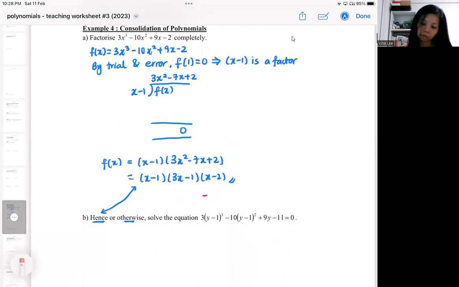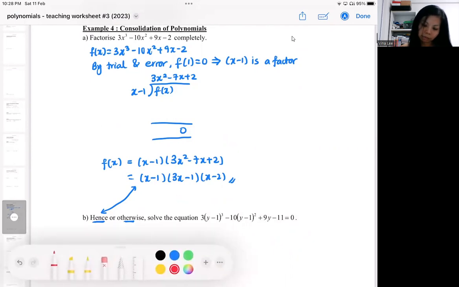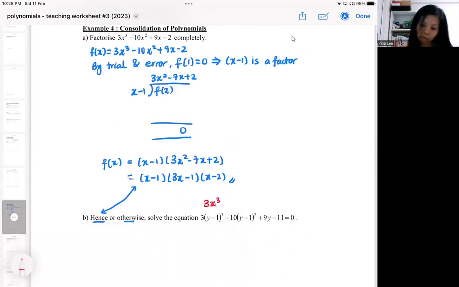If you put your original f(x) here, you realize that this looks somewhat similar. The 3x cubed and the 3 bracket (y minus 1) cubed look somewhat similar. So the same for this.